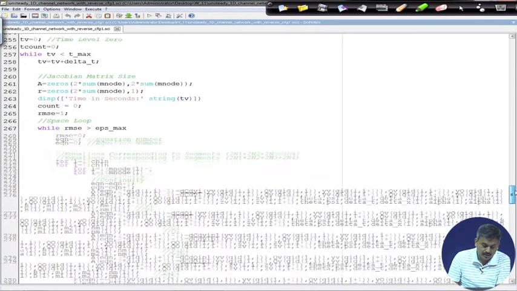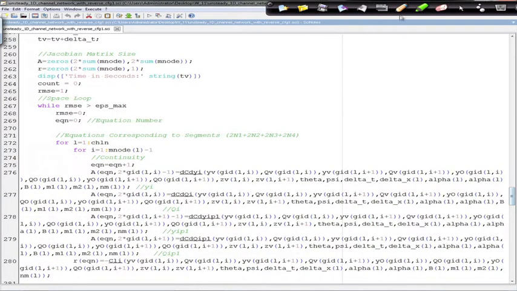After entering into this space loop, RMSE greater than epsilon max, RMSE equals 0, equation number equals 0. Then we can start adding equation number when we will be writing the equations for continuity.